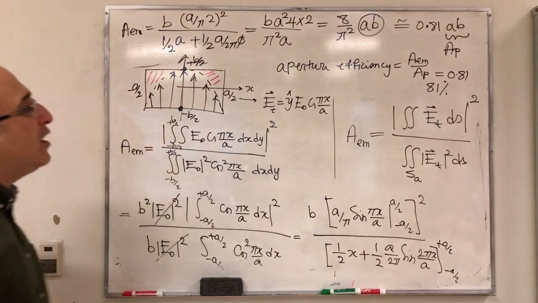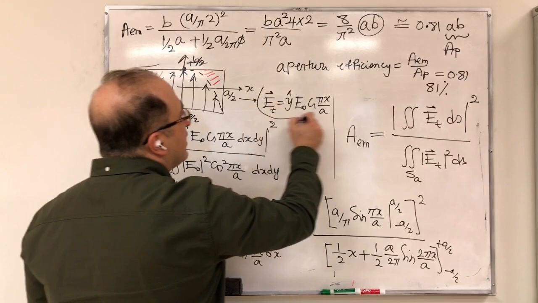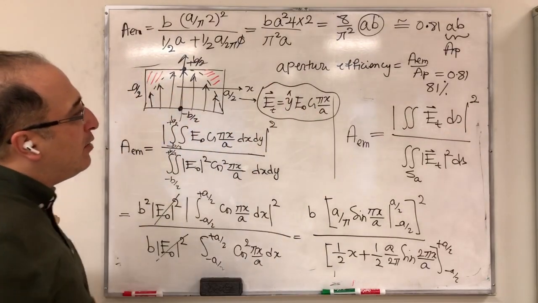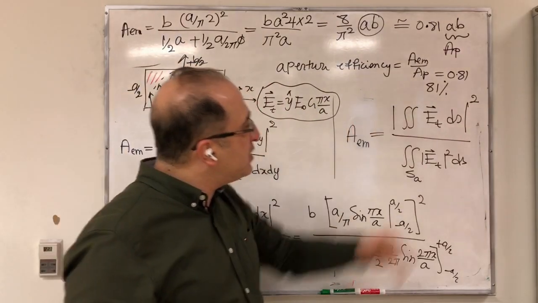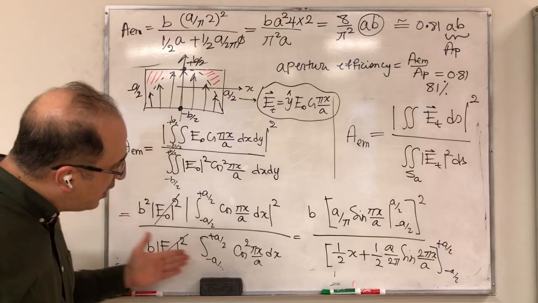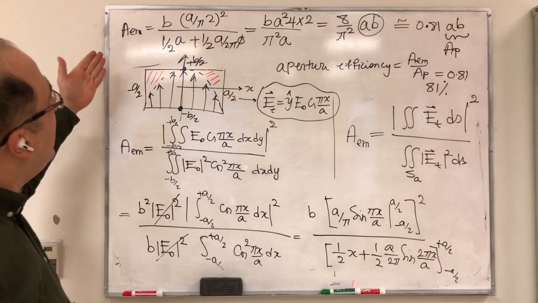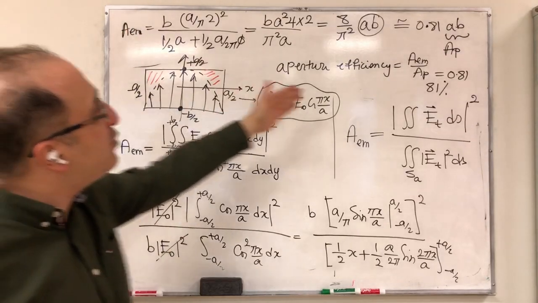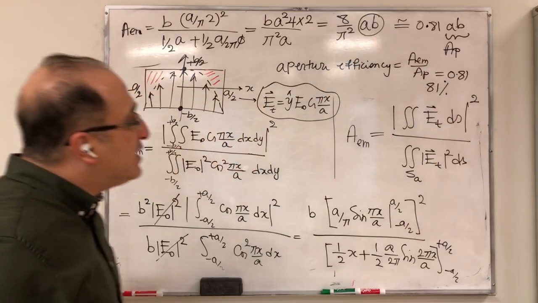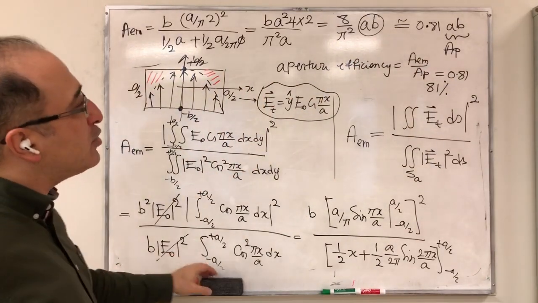So this was our electric field at the aperture. And now you substitute it here, and you started with the calculation, and at the end you got the effective aperture to be 81% of the physical aperture. Now essentially you are done.